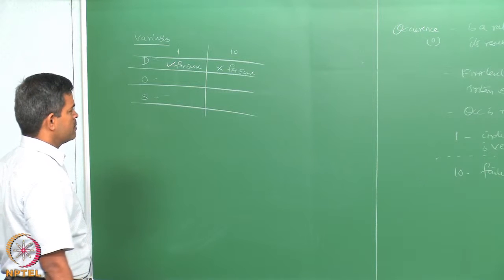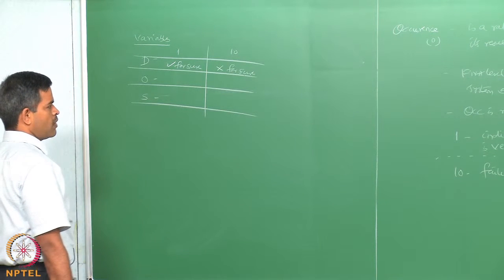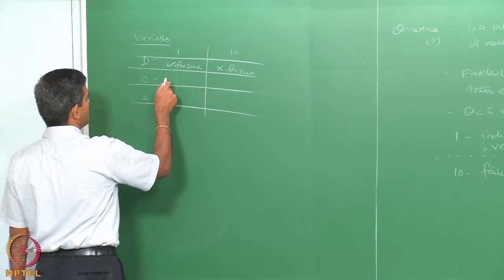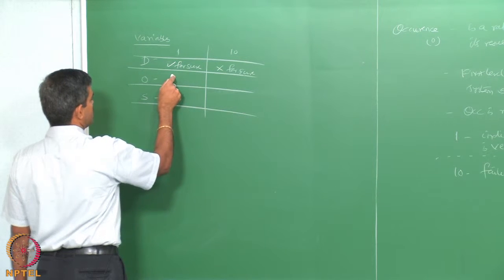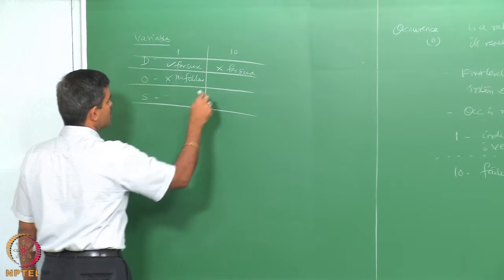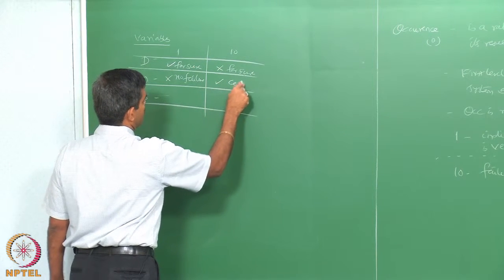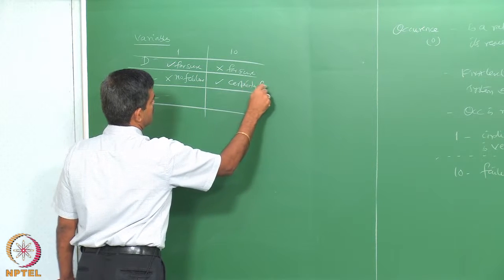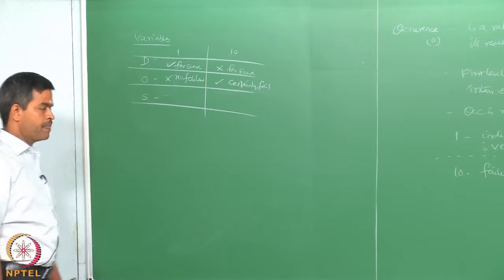If I say occurrence, it indicates that the failure of the component is very unlikely. So, failure will not occur, no failure, that is 1, certainly fail, that is 10.